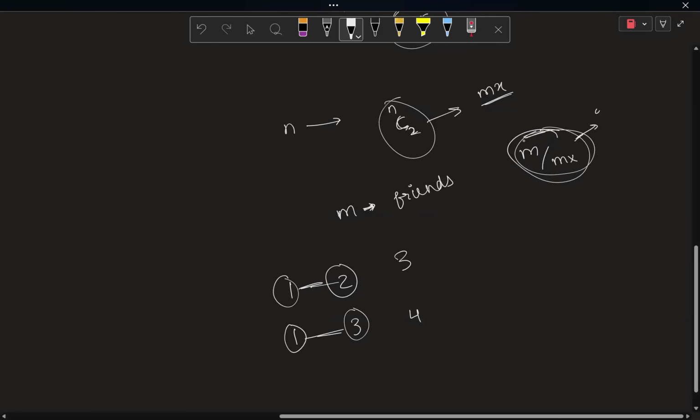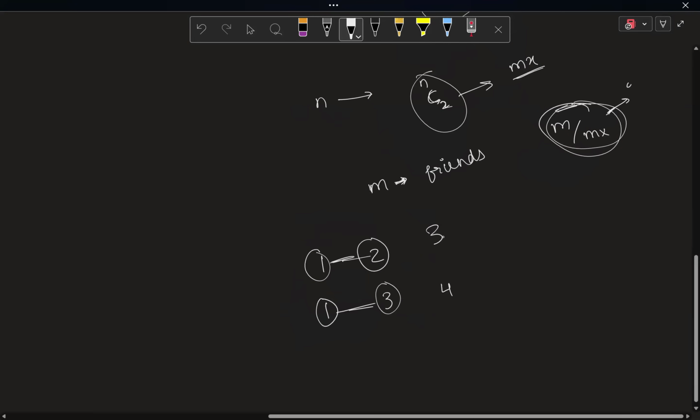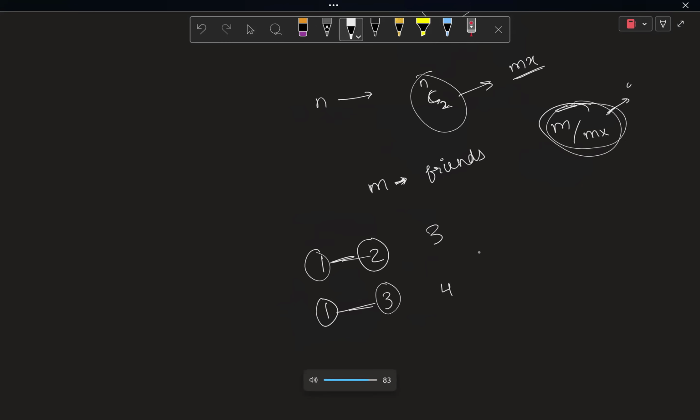We are just saying that this is the probability of getting a friend pair, and if we get a friend pair, then this is the probability that the friendship values will increase, but how much it will increase depends on which particular pair gets chosen, right?